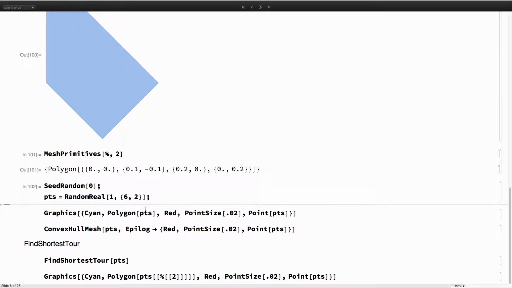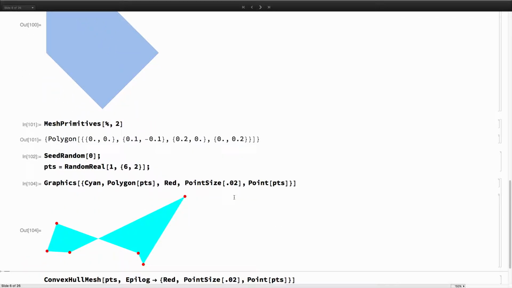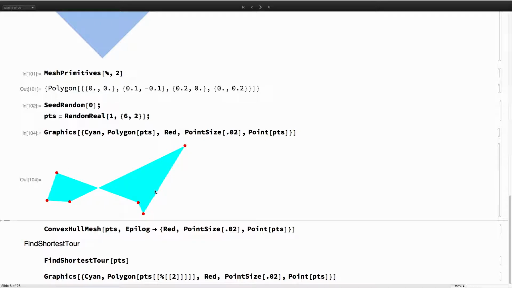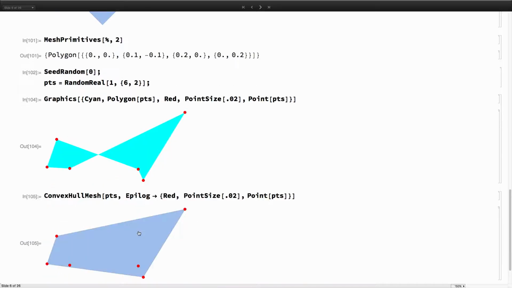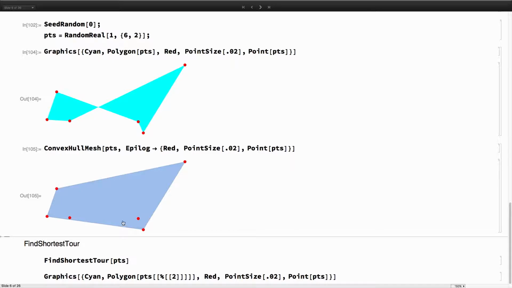But in some cases, if you have many points like this and build the convex hull mesh, you see some points inside of the mesh, because it is convex and we don't allow concave parts. If you really want a polygon passing through all the given points, which is not convex, you can use FindShortestTour.